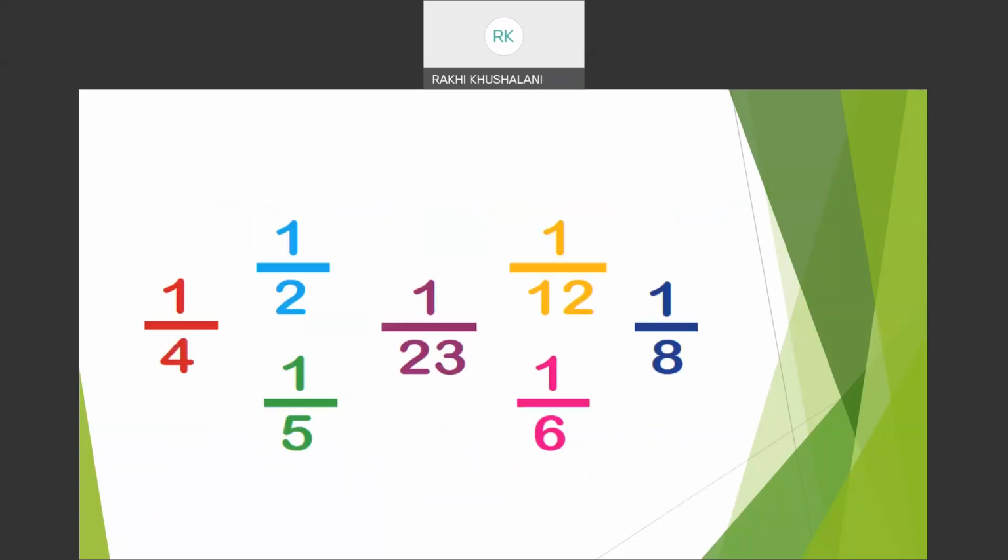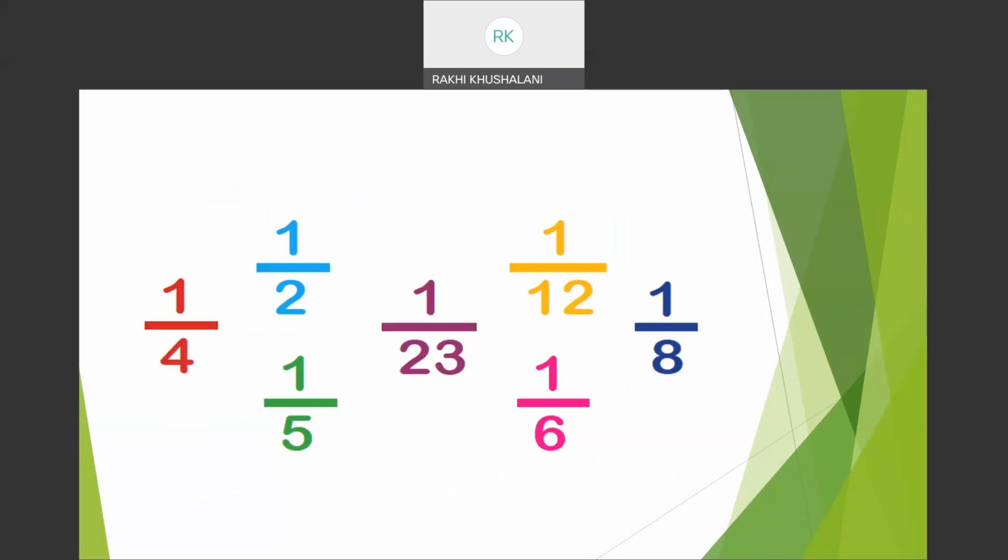As I told you, 1 by 4, 1 by 2, 1 by 5, 1 by 23, 1 by 12, 1 by 6, 1 by 8. These are unit fractions. Why? The number of pieces are different. कहीं पर 2 है, कहीं पर 4 है, कहीं पर 5 है.